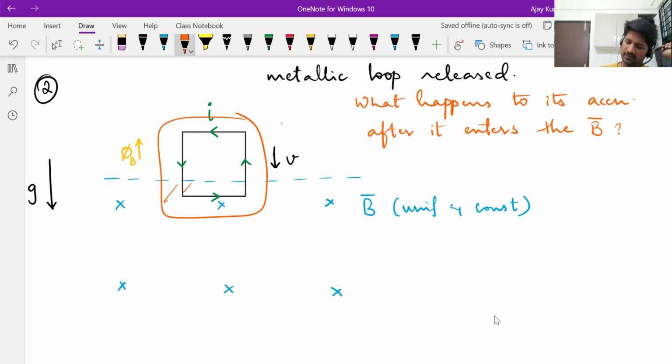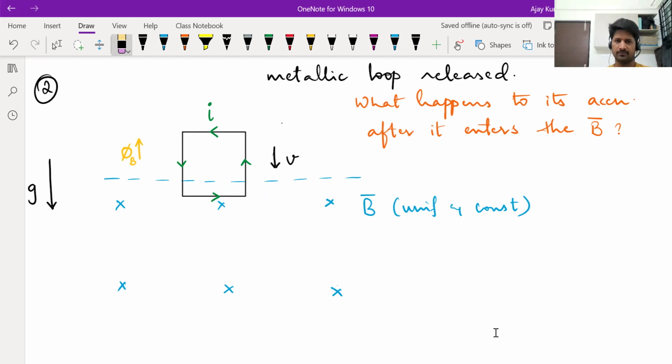Here, the magnetic field is non-zero. Here, the field is zero. So, for the loop, the field is not uniform. Fine. So there will be a force acting on it.